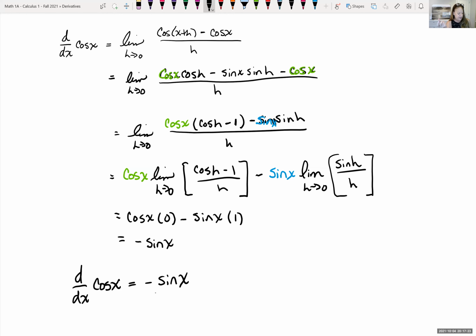Once we find the derivative of our other trigonometric functions, you'll notice, and this is going to be helpful to help you memorize so that you don't have to do this, that when we're taking a derivative of some trigonometric function that has co in front of it, that's going to give us back a negative. So cosine, cosecant, cotangent, when we take the derivative, you'll see we'll have a negative.